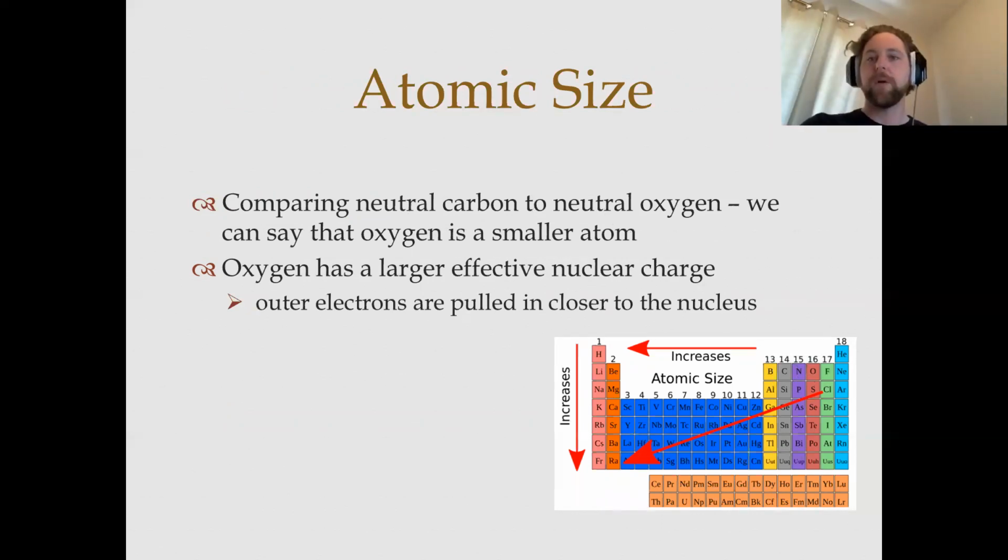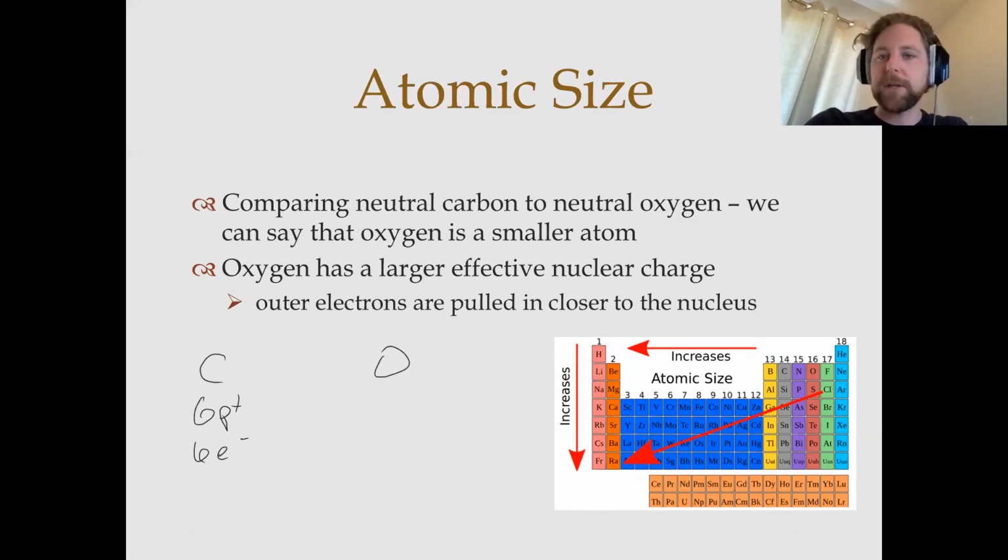So what we can do is talk about, okay, we can say carbon, we have oxygen, we can list out the properties that matter. Carbon has 6 protons and 6 electrons in the neutral state, and oxygen has 8 and 8 respectively. So why is oxygen smaller if it has more stuff? Well, it has a greater effective nuclear charge.